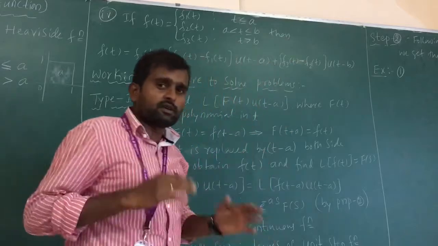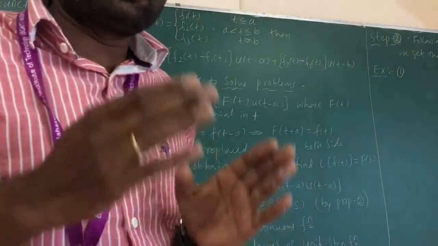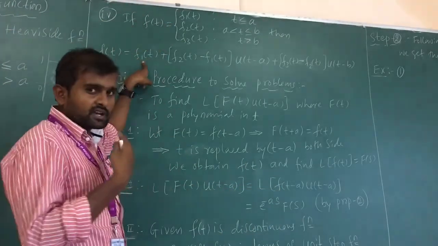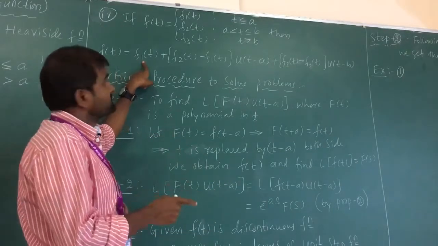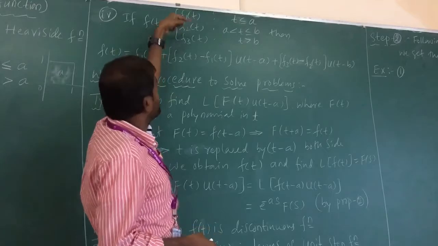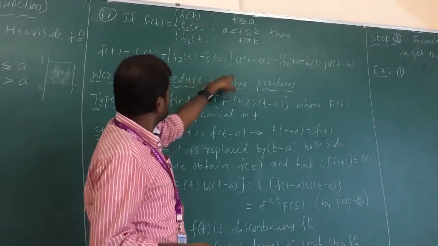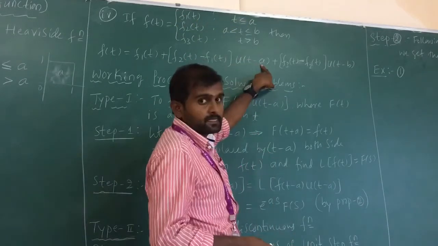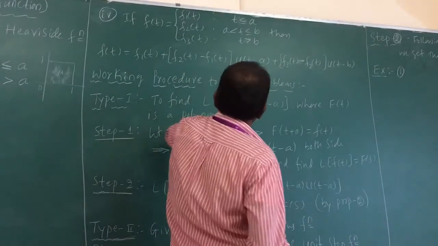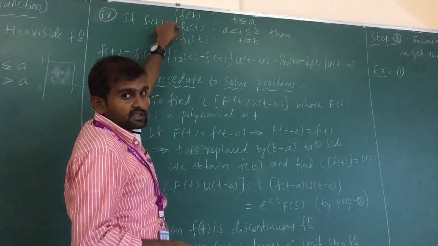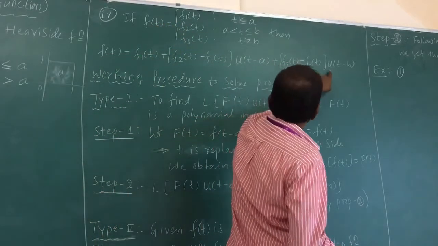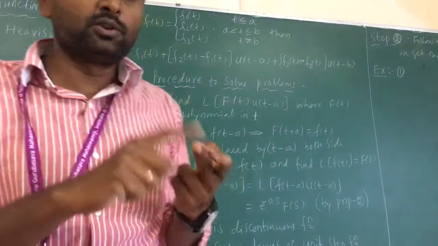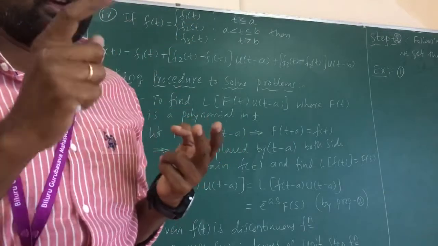Then the same previous property is used here. f of t is the first function f1 of t plus second function minus first function into u of t minus a, plus third function minus second function into u of t minus b. The intervals are 0 to a to b.